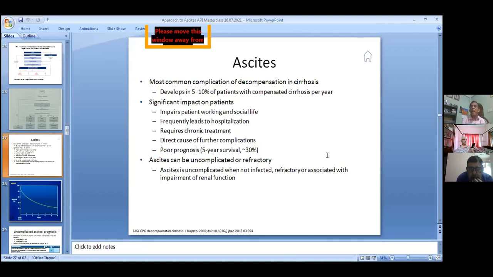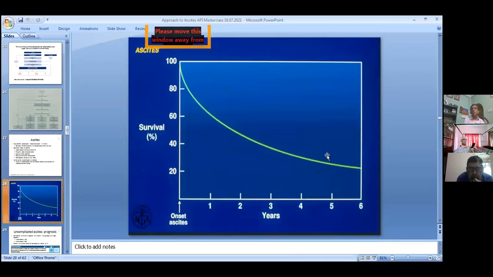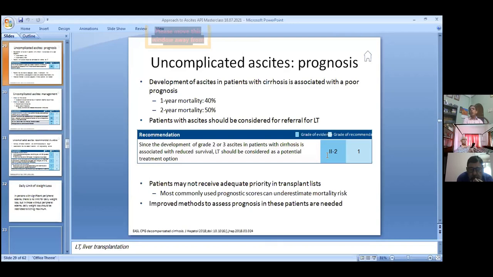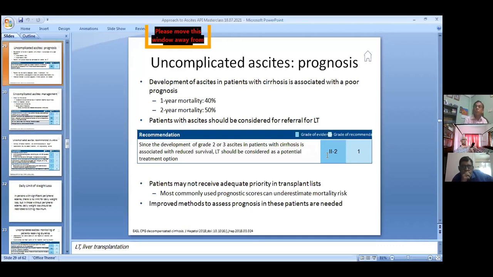Ascites can be uncomplicated or refractory, and when refractory, the mortality is further increased. As the years progress, survival gradually reduces after the development of ascites. For uncomplicated ascites, the 1-year mortality is about 40%, and the 2-year mortality is about 50%.